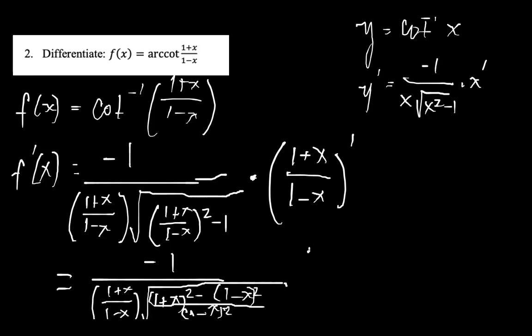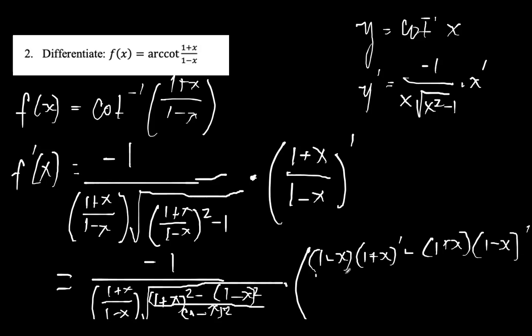Later we're going to rewrite that on the other slide. Let's differentiate this. This is a quotient, so let's use the quotient rule: low d-high, 1 minus x times the derivative of 1 plus x, minus high d-low, 1 plus x times the derivative of 1 minus x, all over 1 minus x squared.